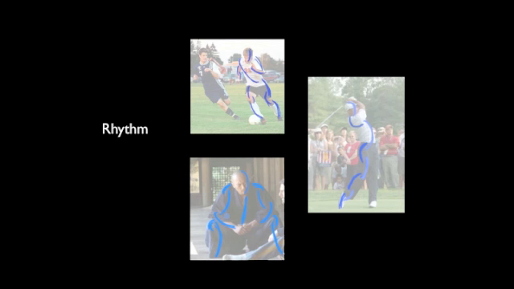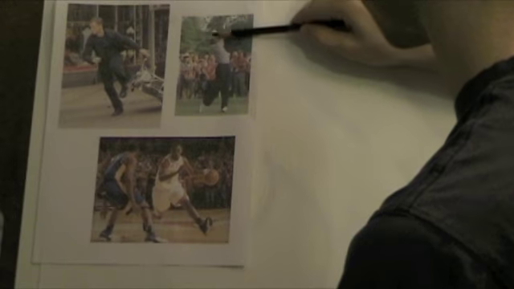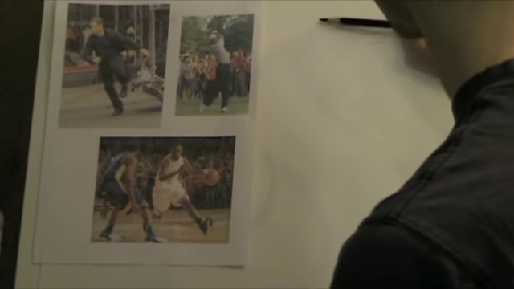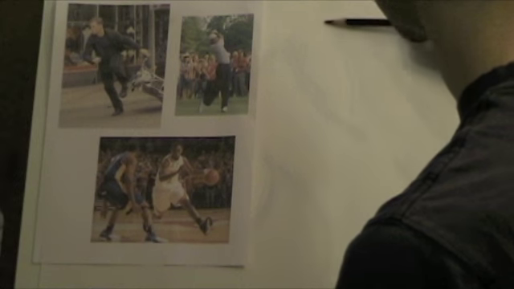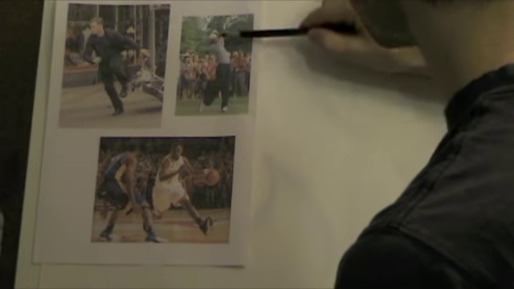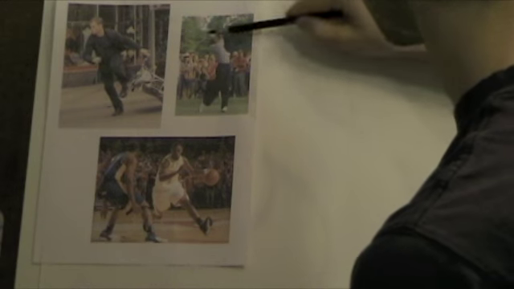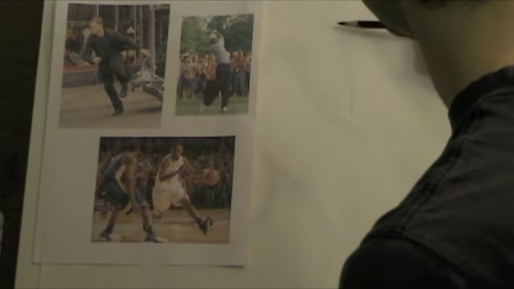So now let's take these images, and I'm going to do a demonstration of them. So we have this line of action, as you remember, kind of the overarching. I'll draw that in lightly. Now I'm looking for the more subtle rhythms of the way his body is moving.